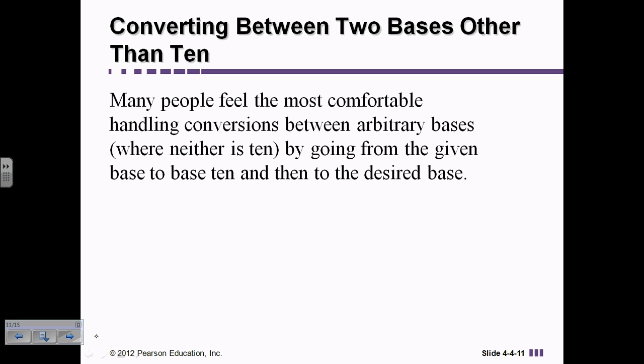Okay, so if I wanted to convert from, say, binary to hexadecimal, many people think that the easiest thing to do is to convert from binary to decimal and then take decimal and go to hexadecimal. And typically that's usually the easiest thing to do. So again, let's say that I had an HTML program and I wanted to pull the HTML program up in a language that I could understand.